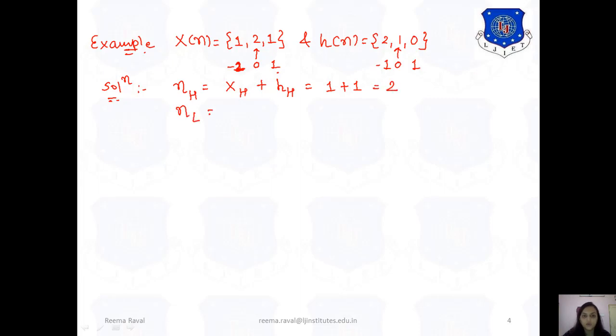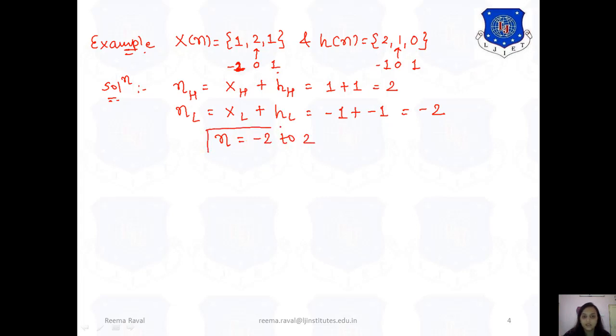Now the lower range: lower range for x of n plus lower range for h of n. The lower range for x of n is minus 1, plus this is also minus 1, so that equals minus 2. So the range of n is minus 2 to 2.